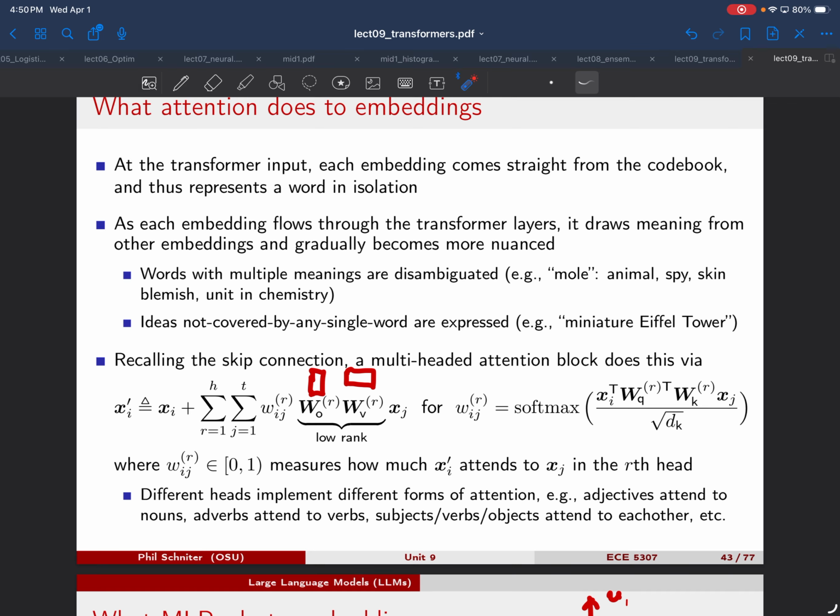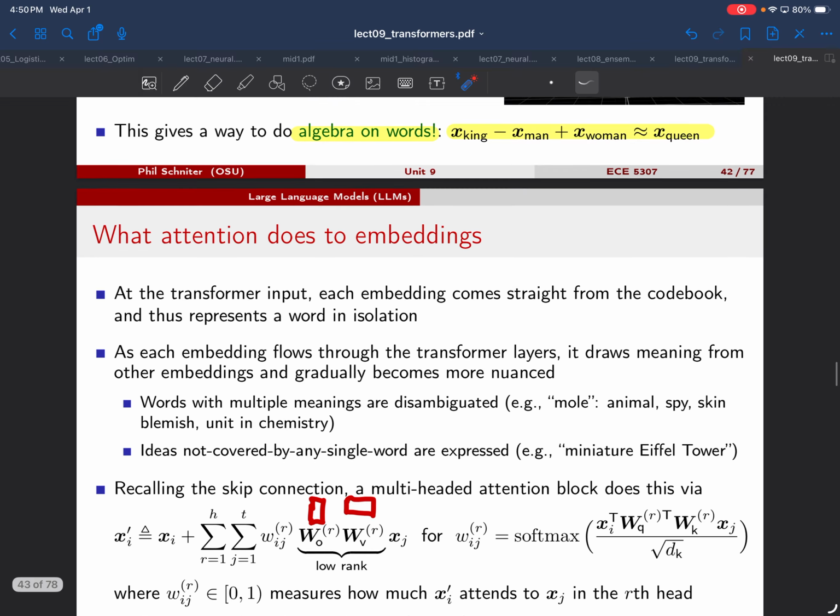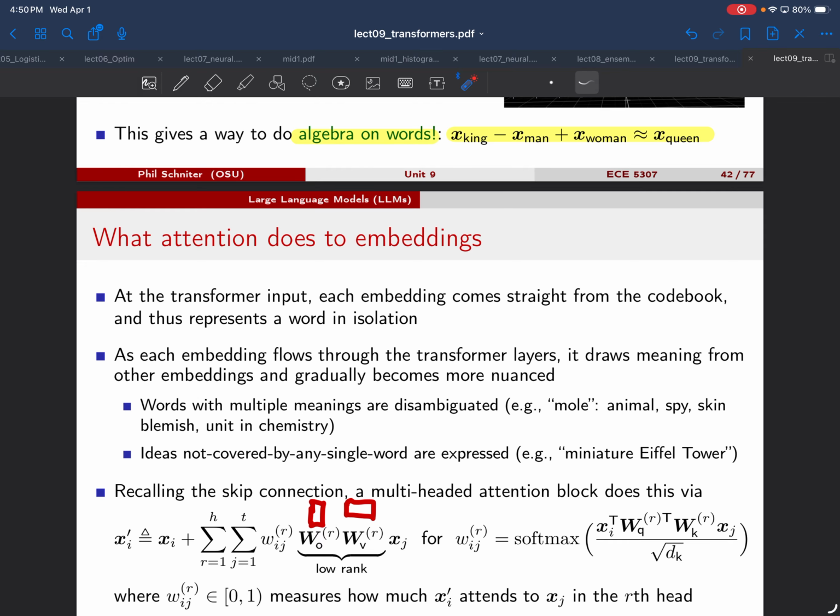So there are going to be other words in the sentence that have to do with acting or movies or something, that eventually, as you process through these layers, are going to be put into the Michael Jordan. And now that Michael Jordan will have this acting component rather than the basketball component. And there could be some facts in the MLP, like what we discussed, where with some other context, you can figure out that this is actually the actor and not the basketball player. Yep.